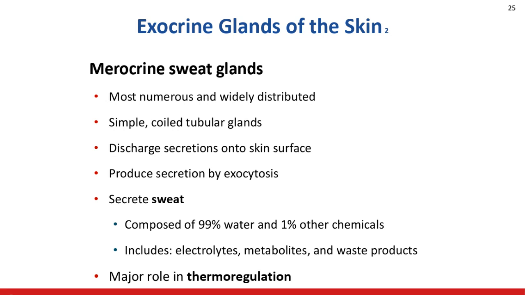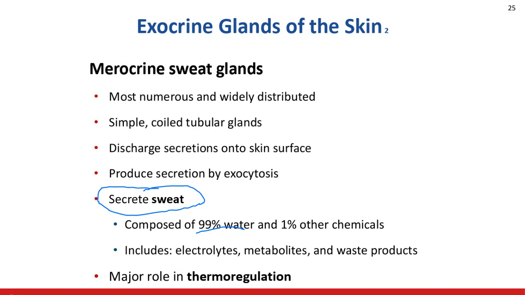Merocrine glands. These are the ones, when we're talking about sweat, that you're thinking of, because the majority of what is excreted through the merocrine glands is water. So if you're working out or you're outside and it's really hot and you're starting to sweat, these glands are going to produce mainly water.